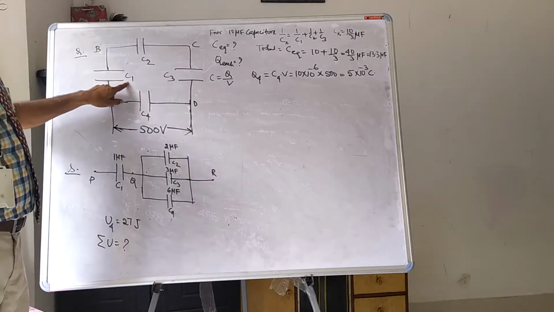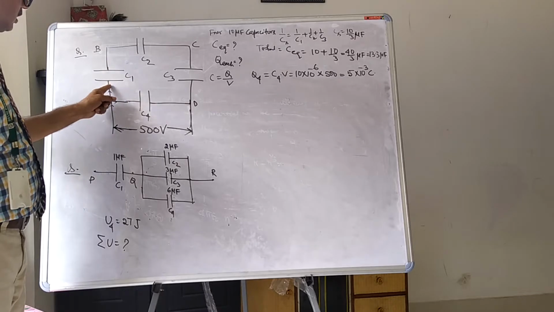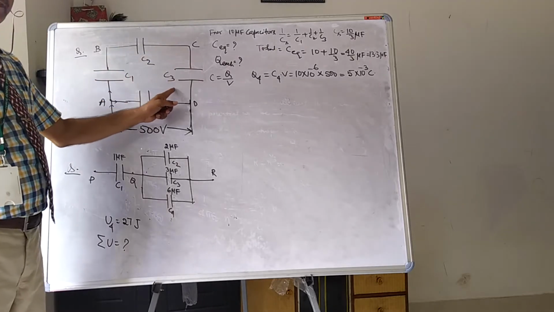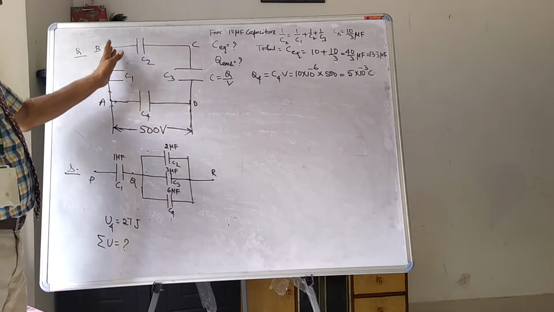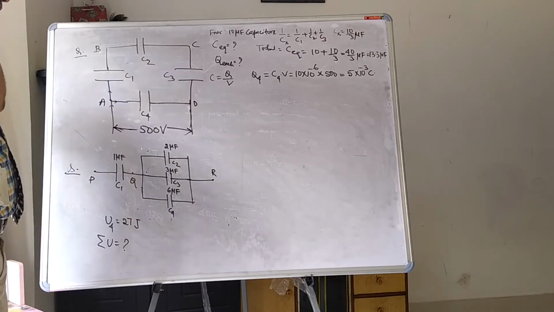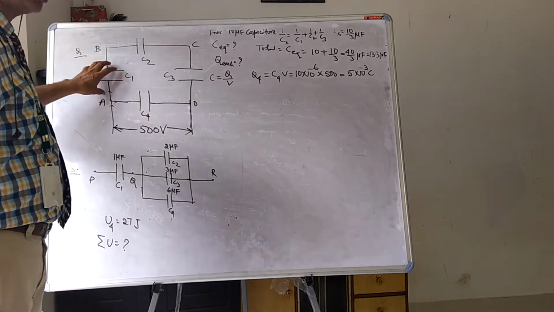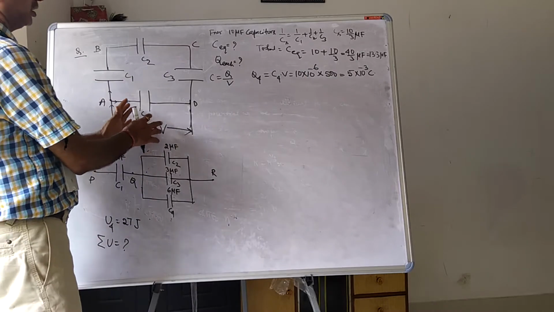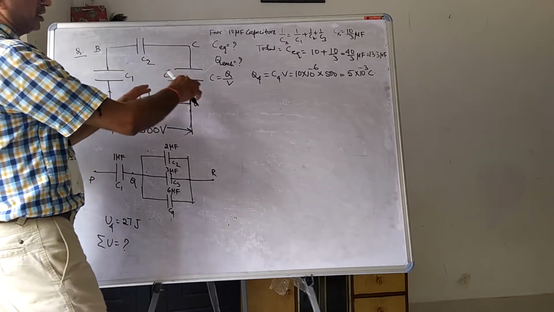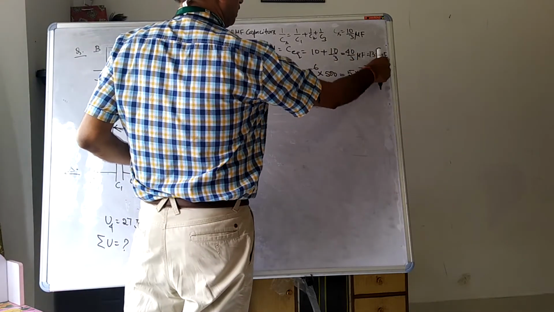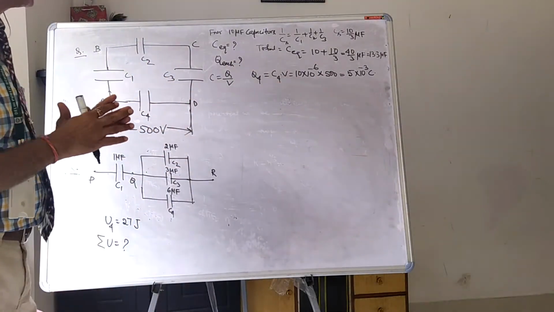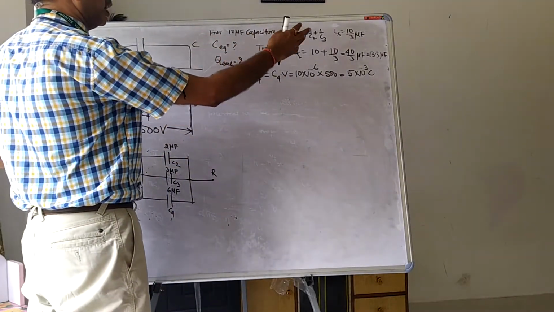Now in Q1, the charge will remain the same. The potential difference will be different. Now how to find out the charge? There are two methods. One is we first calculate the total C, then we can calculate the total charge. So the C equivalent we know.